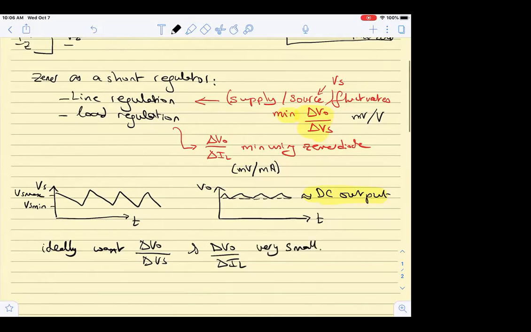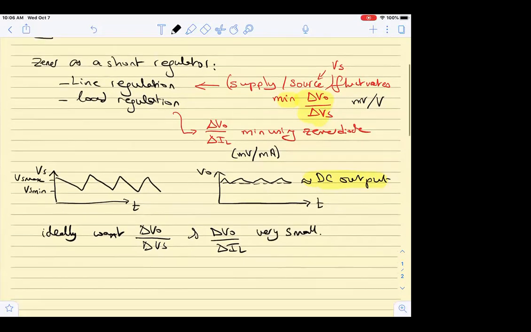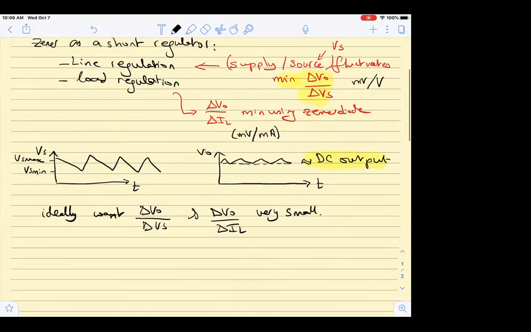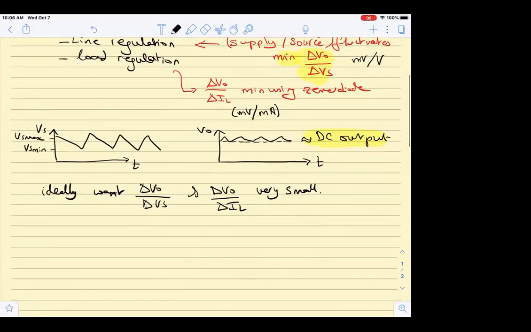So when we placed it in shunt, in parallel with the load, we had the VS. Last time the supply has a certain resistor RS, and then it is supposed to be feeding a certain load, with plus minus VO.